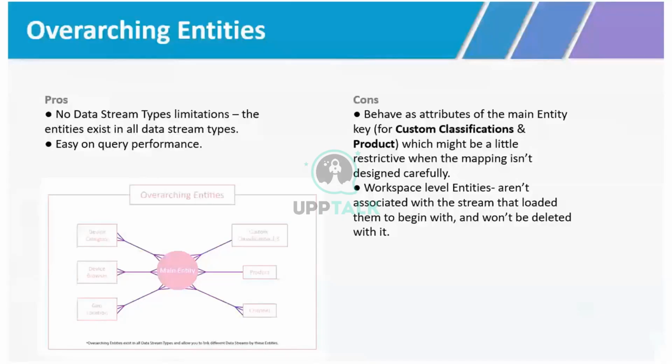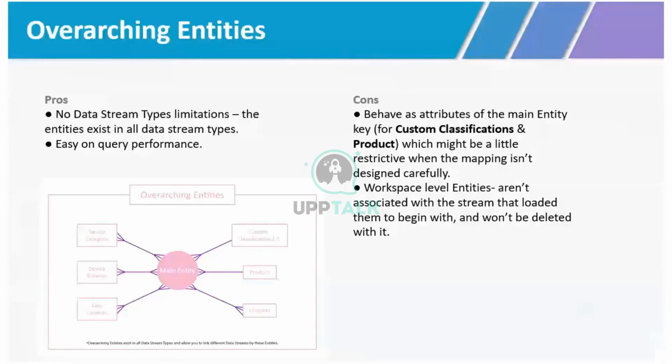Some pros and cons have to be discussed for overarching entities. Pros: no data stream type limitations, because custom classifications are present for all the data streams that we see in our workspace, all the types of data streams. It's easy on query performance.